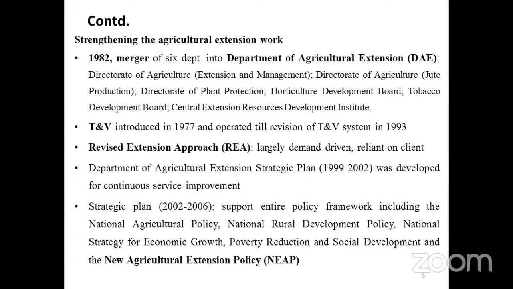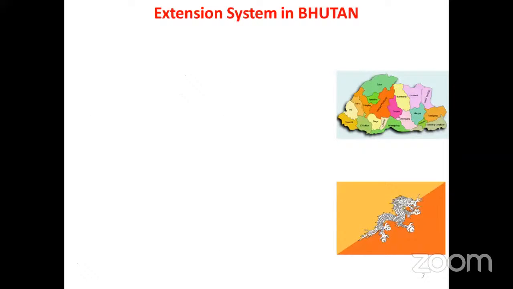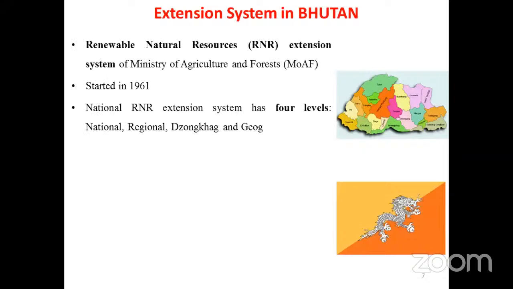And finally, during 2002 to 2006, they had a new agricultural extension policy. So just like us, they also had this evolutionary process from generalized extension to commodity to T&V and finally this partnership approach. Now moving on to Bhutan.